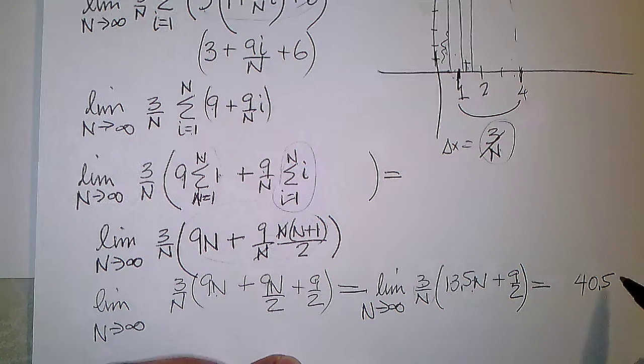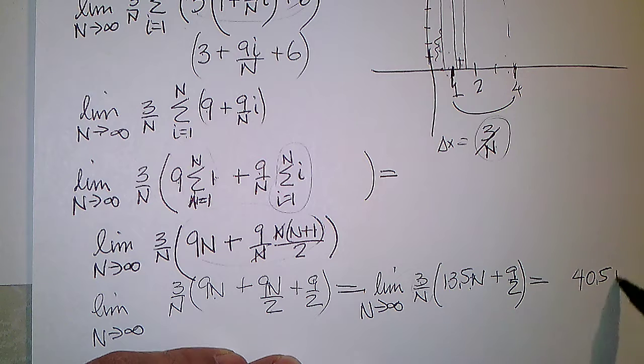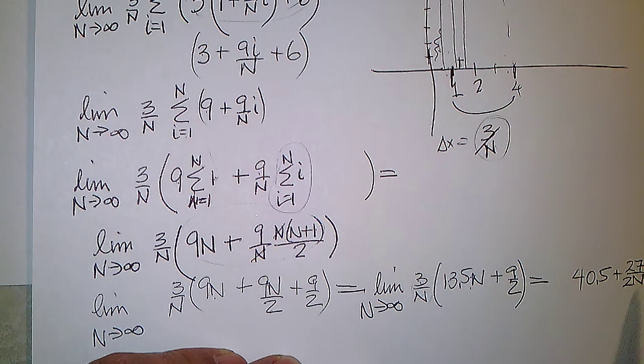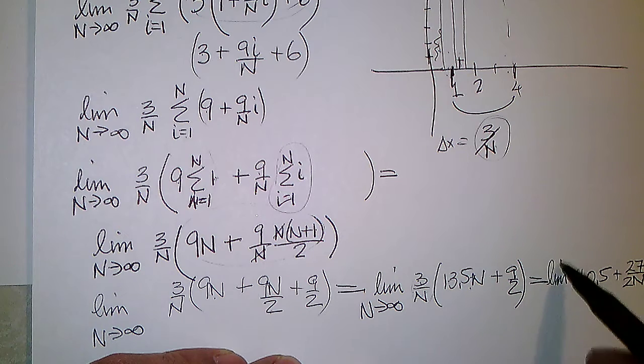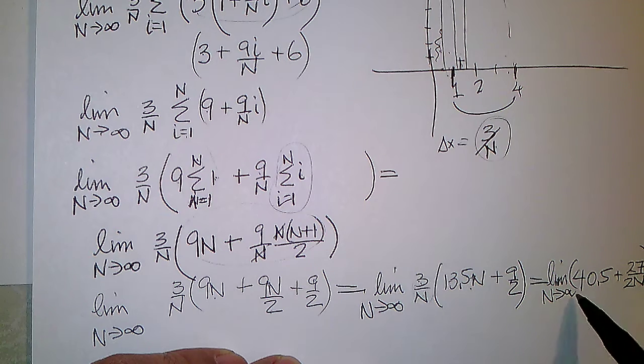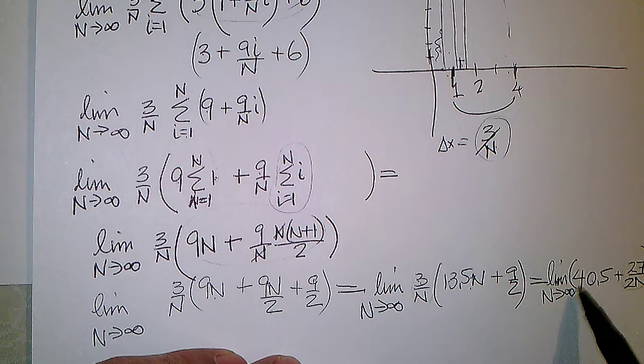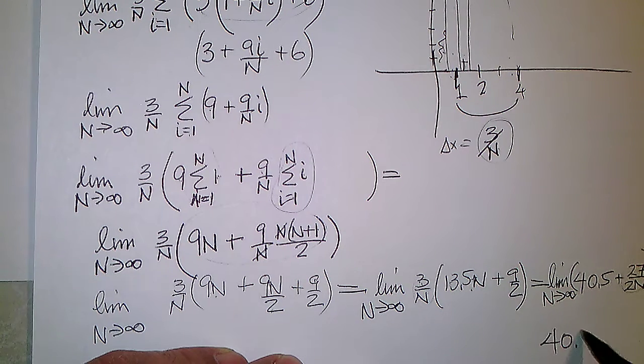Then this times this is going to be 27 over 2n. And I have to take the limit as n goes to infinity of this. Well, as n goes to infinity, this goes to 0, and the limit of 40.5 is 40.5.